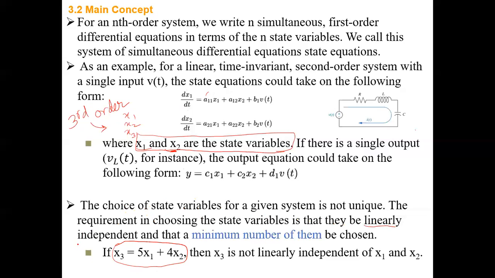In other words, it's linearly dependent. x3 is linearly dependent on x1 and x2. So what is the conclusion? The choice of state variable is not unique, but one thing you have to keep in mind is that they should be linearly independent when we choose them.